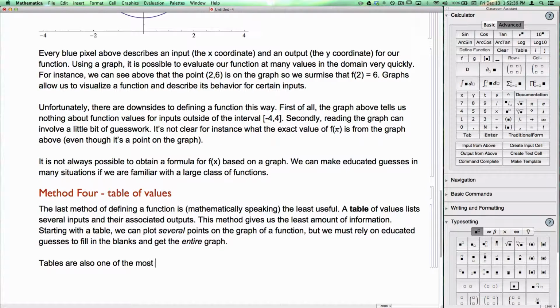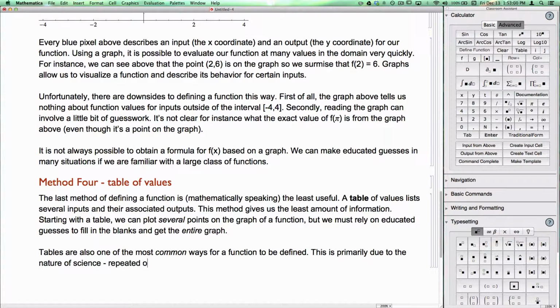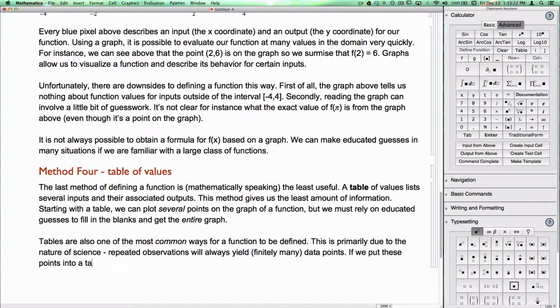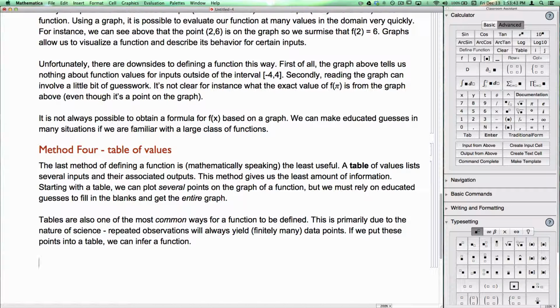Tables are also one of the most common ways for a function to be defined, primarily due to the nature of science. Repeated observations will always yield finitely many data points. And if we put these into a table, we can infer a function. Starting from an algebraic definition, it is once again a mechanical process to create a table of values.